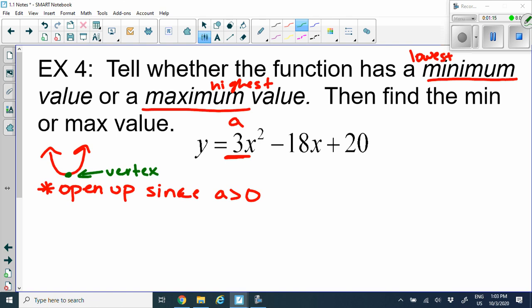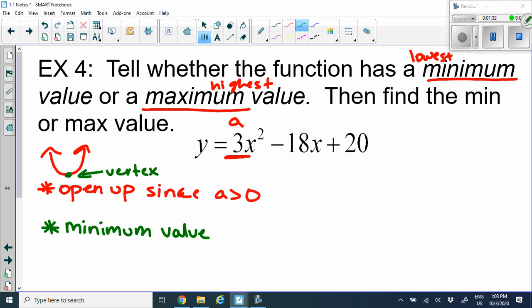The vertex is at the lowest point. So this is going to have a minimum value. Okay? So this is going to have a minimum.